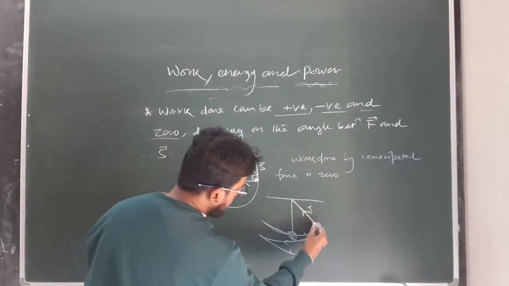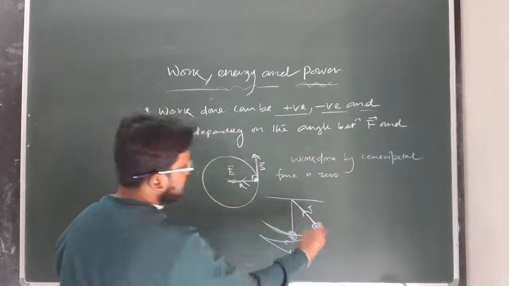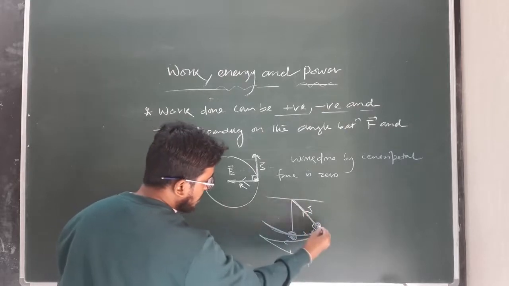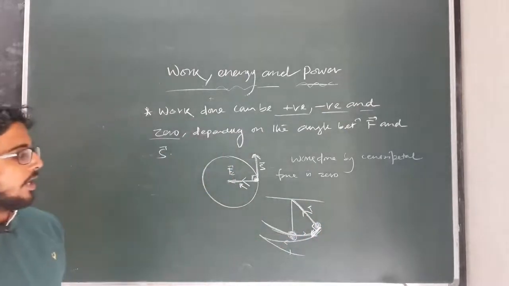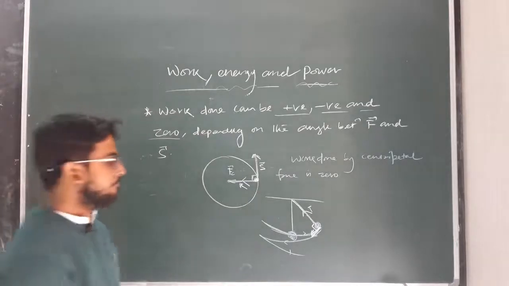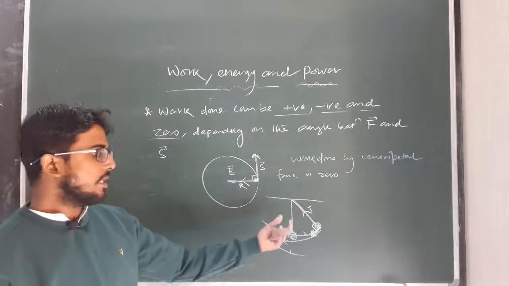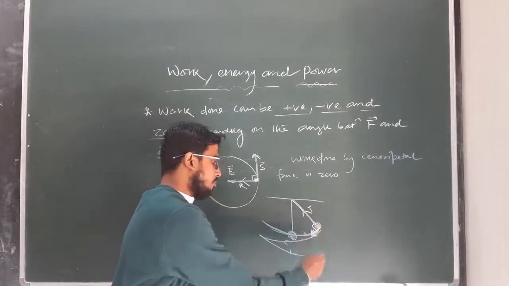So work done by the tension during oscillation of a pendulum is what? 0, because the tension always acts along the string and the displacement of the pendulum is always tangent to it. So the angle between tension and the displacement is 90 degrees.